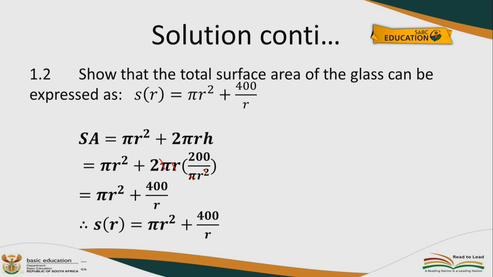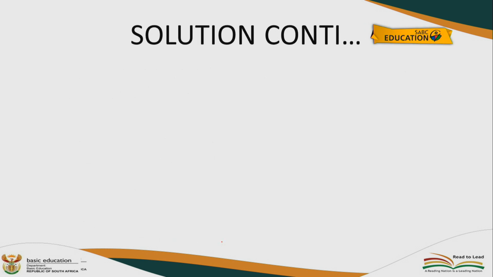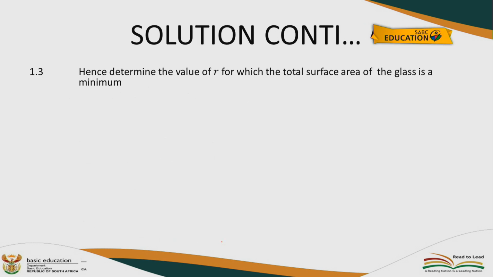Okay, so now the last question under this exercise 1.3 says that hence determine the value of r for which the surface area of the glass is a minimum. So this is a minima or maxima question.